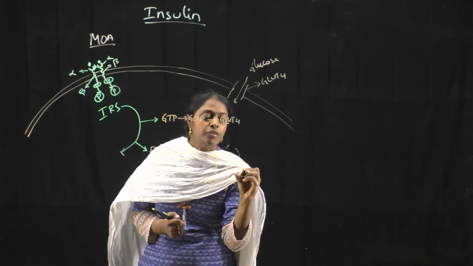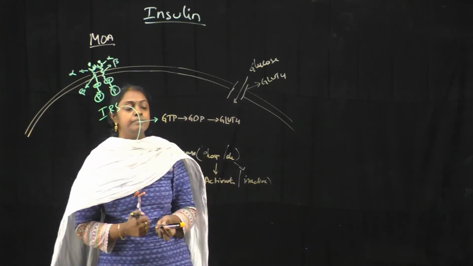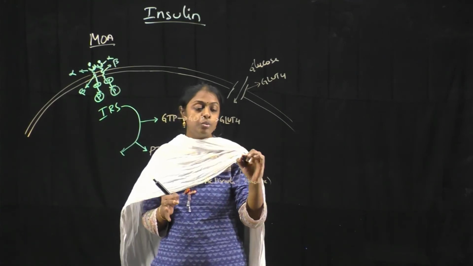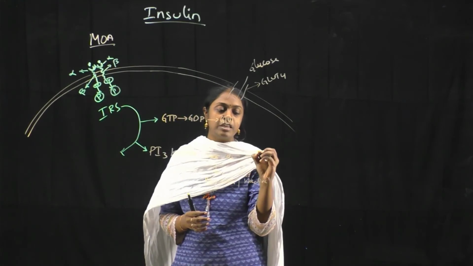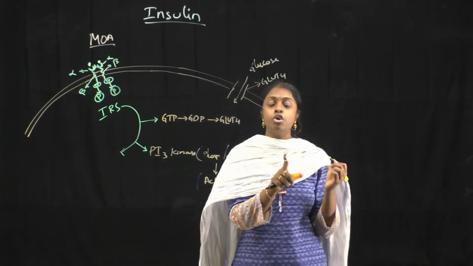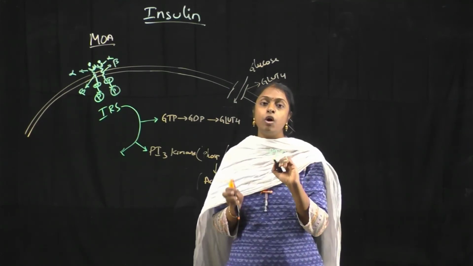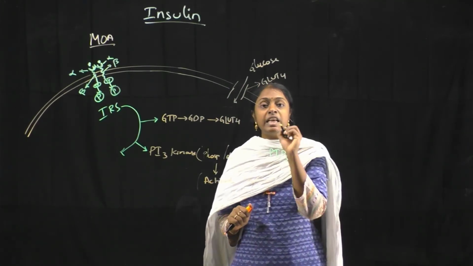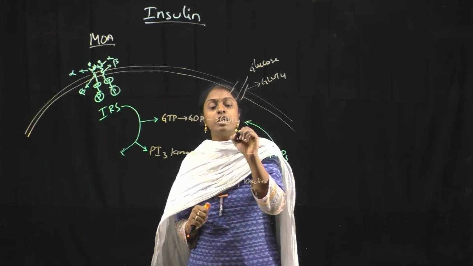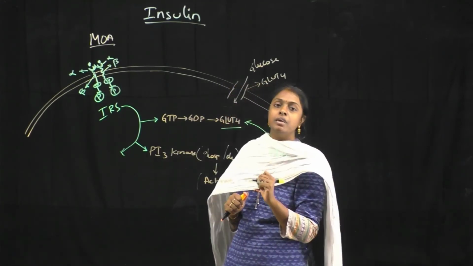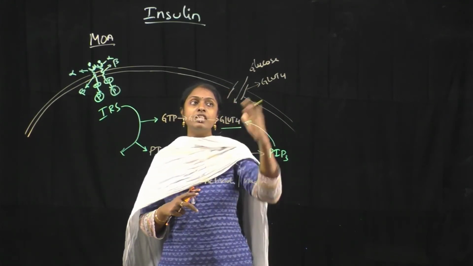If it is doing dephosphorylation, then it will inactivate the enzyme. IP3 kinase will also do another function, which is generation of PIP3, phosphatidyl inositol triphosphate. When it is generating this secondary messenger, it will also increase the translocation of GLUT4 onto the membrane. So even this will show the same mechanism, increasing the entry of glucose into the cell.